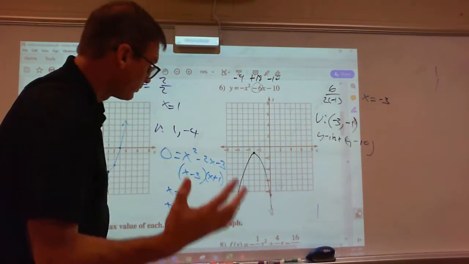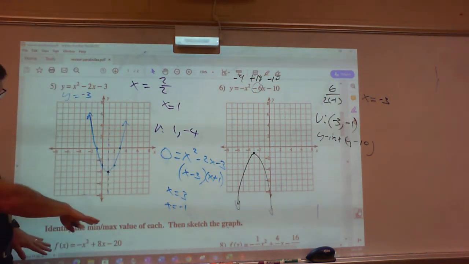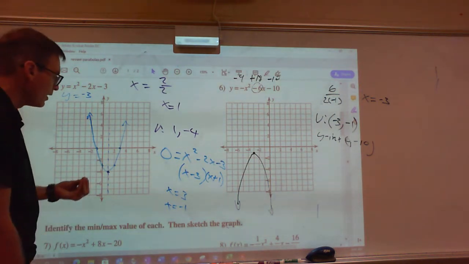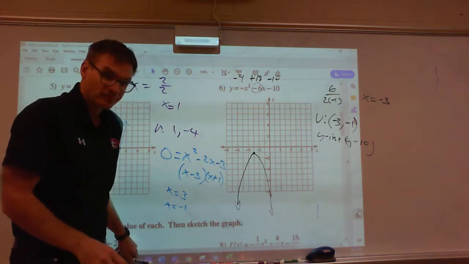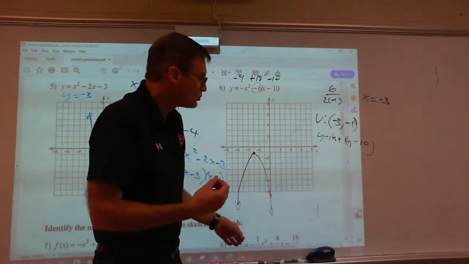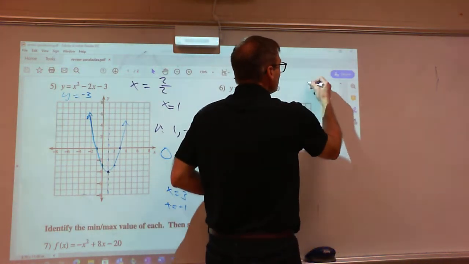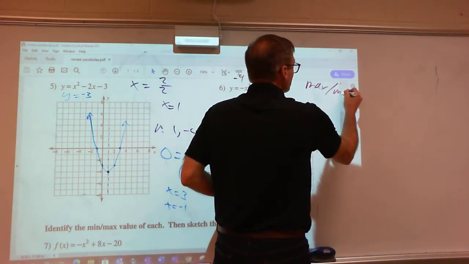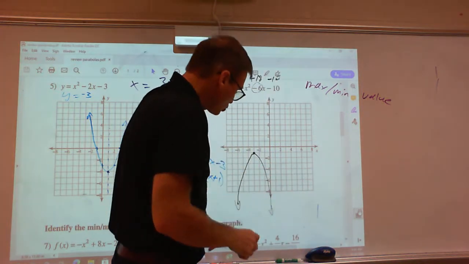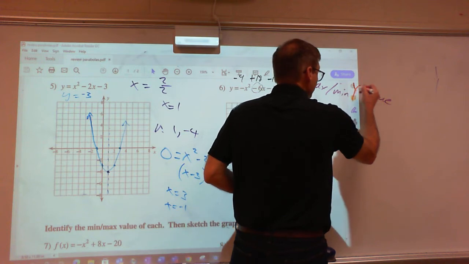All right. Now, before I start talking about the next group, the next few questions are dealing with identify the max or the minimum value. When you have a parabola, you have a maximum or minimum value, and whenever you see the words max/min value, that's short for the y value.